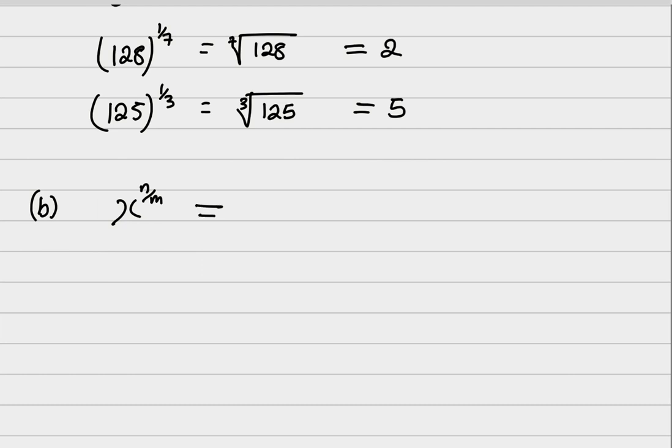Do you know that, from the laws we've discussed above, this can be written as x raised to power 1 over m, all raised to power n? Yes, I can write it this way. Hence, it is like saying the mth root of x all raised to power n.